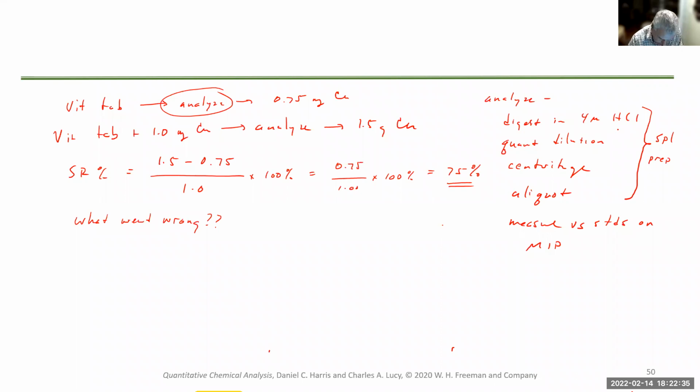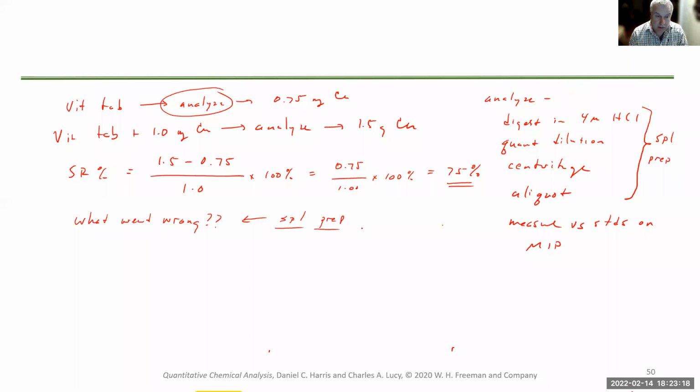But in general, this is all part of the sample preparation. So when you do a spike recovery, if you don't get 100%, then it's likely there's something wrong and your sample preparation is invalid. You have to ask yourself how much error and how much loss you can tolerate.